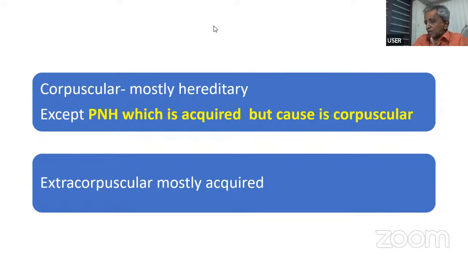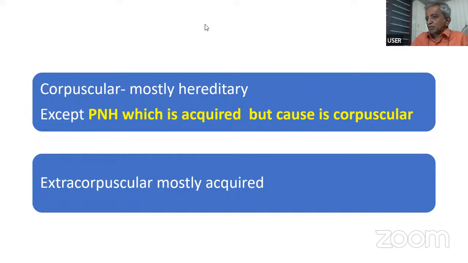Spur cells are common in liver disease, whereas in chronic uremia, you will find burr cells or echinocytes. They also can induce hemolysis because the membrane is abnormal. Apart from that, there will be a lot of toxins, known and unknown, which may be responsible for hemolysis. That's a good answer.